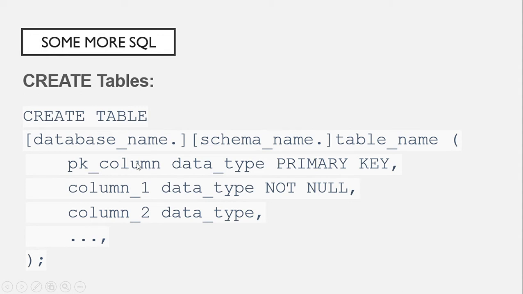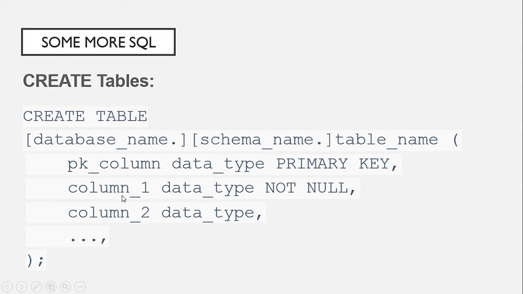So inside the parentheses after the table name, those are the columns you want to create. Like the first column name, you can name it whatever you want. Data type, remember we have a lot of different data types, and you can set this column to be the primary key or not.